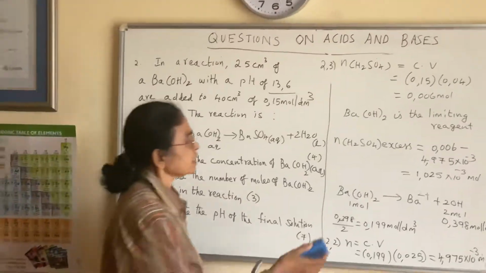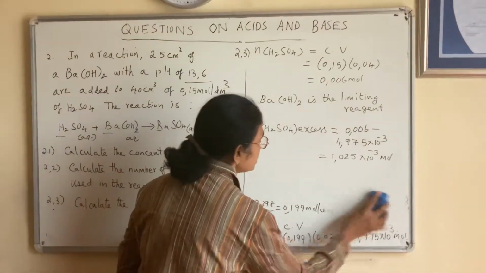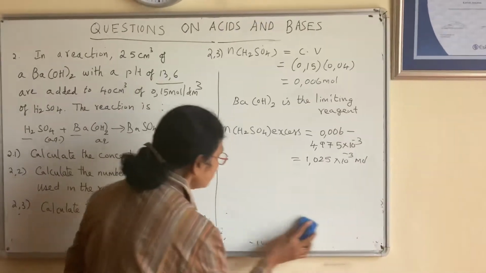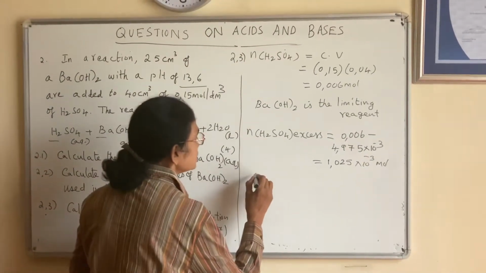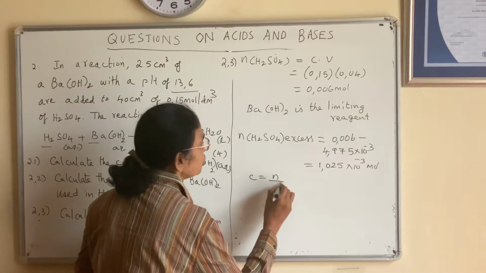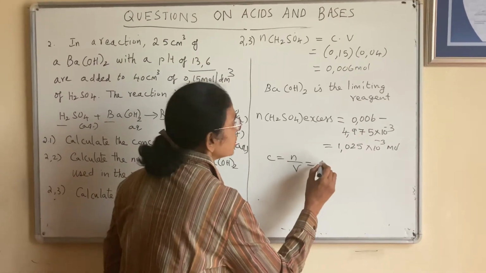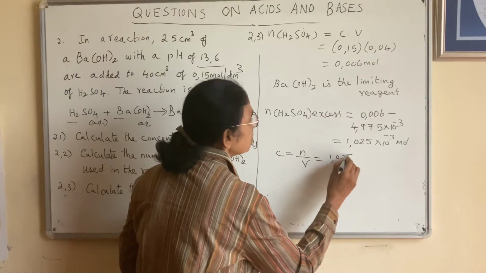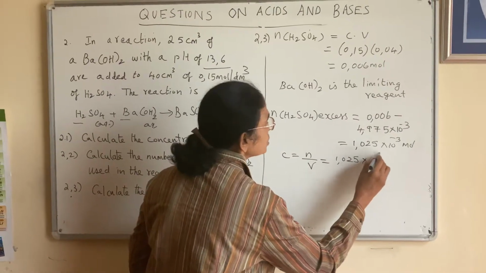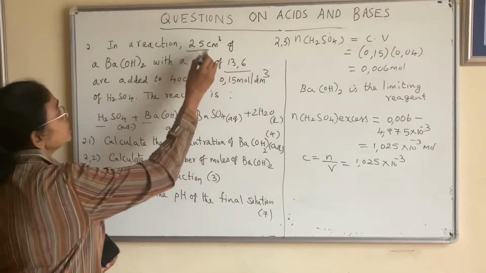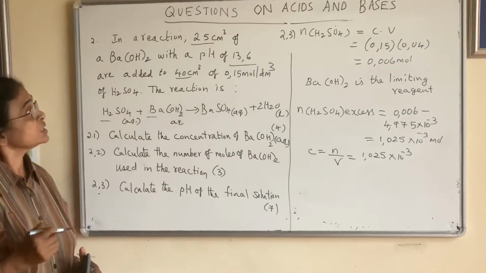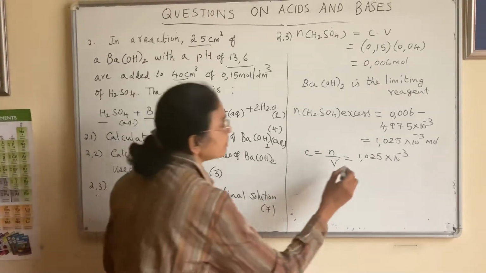Now, this is the sulfuric acid that we have got. This is the number of moles. But now we have to find out the concentration of sulfuric acid. What is the concentration? C is equal to n over V. Here, what is the n? We have got it. But the volume is the total volume. Let's add these two volumes. 25 plus 40 is 65. And we have to divide by 1000.